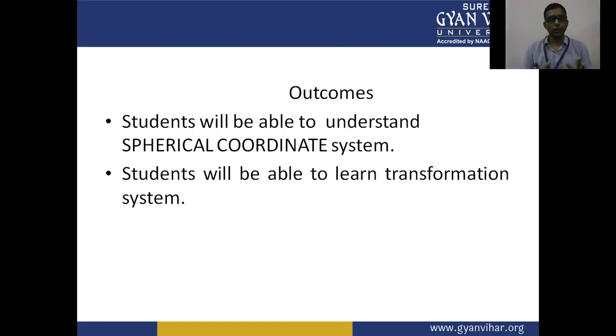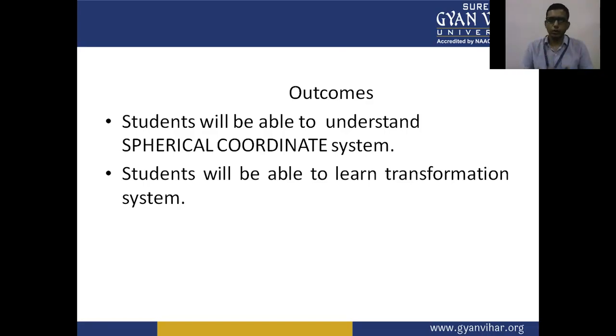So students will be able to understand the transformation or relationship between all three coordinate systems. After studying this spherical coordinate system, they will have clear concepts of the rectangular coordinate system, cylindrical coordinate system, and spherical coordinate system.